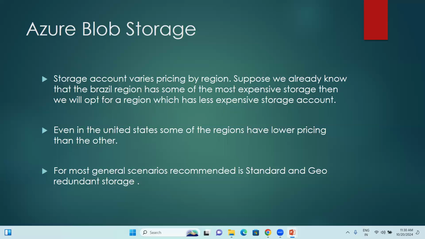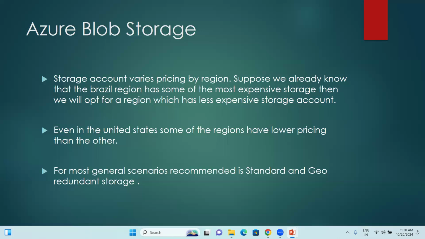Sometimes it's standard, sometimes geo redundant. Geo redundant means they will keep a replica. Supposing due to some calamity or unavoidable situation your data gets lost. Nowadays data is the key; if your data is lost, everything is lost. So you have to create a backup, geo redundant storage. That's when geo redundant storage comes into the picture.